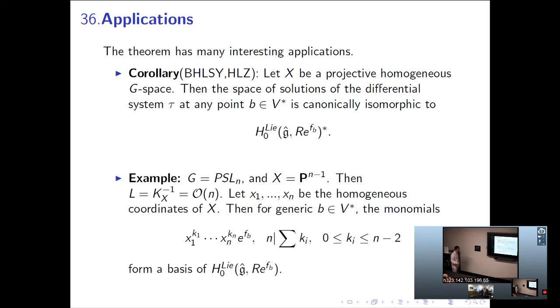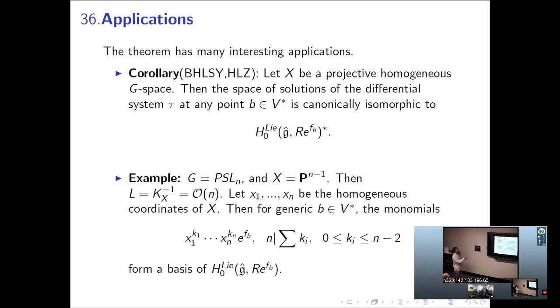So let me describe this action in a little bit more detail. For the example where X is P^(n-1) and G is PGL_n, and L is the anticanonical line bundle O(n), and x_i are the homogeneous coordinates of X. Then in this case, R is the ring generated by total degree n monomials of these x_i.